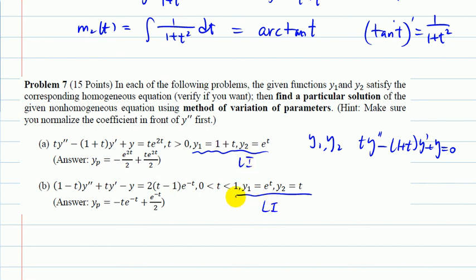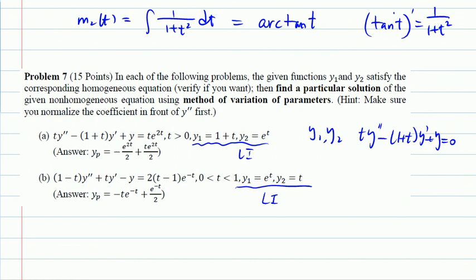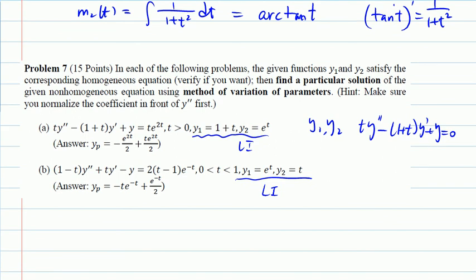If you want to verify, you're welcome to. What you need to do is use the formula for the method of variation of parameters to solve for the particular solution yp.